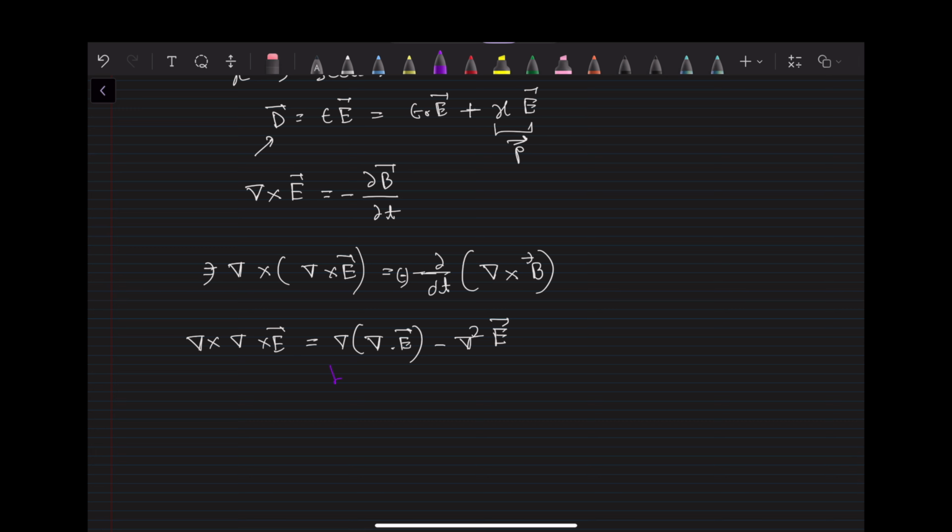Here this is important. This specific part is 0 for isotropic and homogeneous medium.